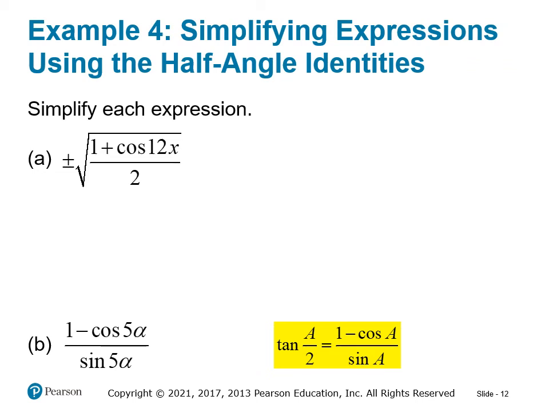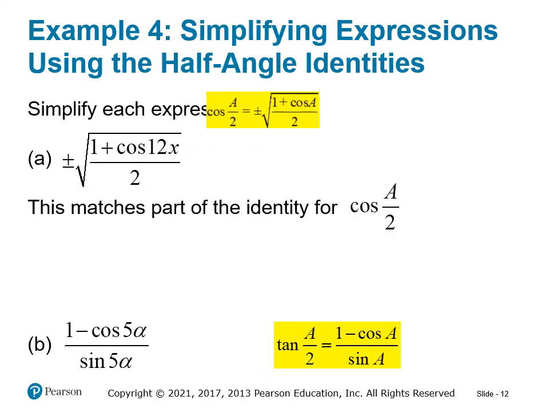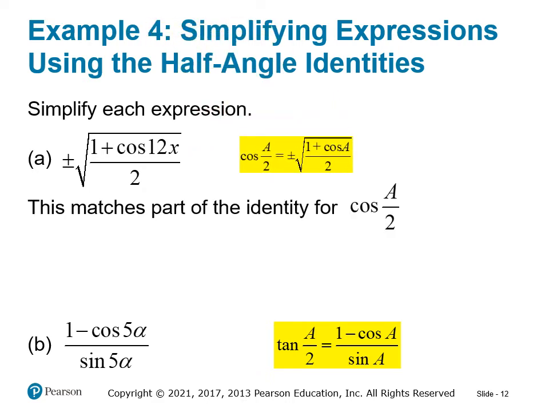Simplify the expression square root of 1 plus cosine 12x over 2. So here I think it's important to look at the identities, and this actually matches the identity for the cosine of a over 2. I like to write them side by side, because if I try to do this in my head I can get confused.